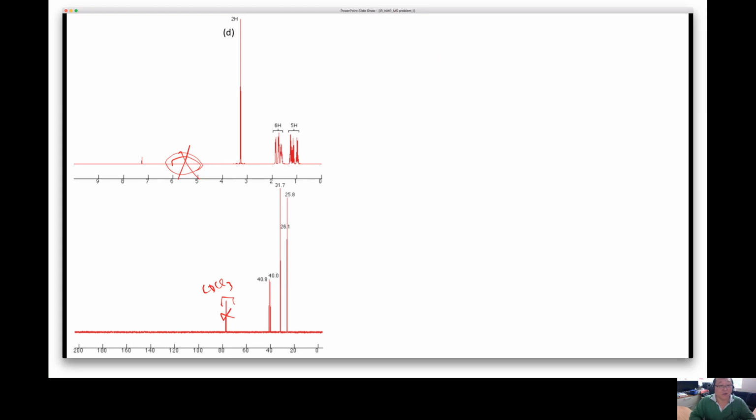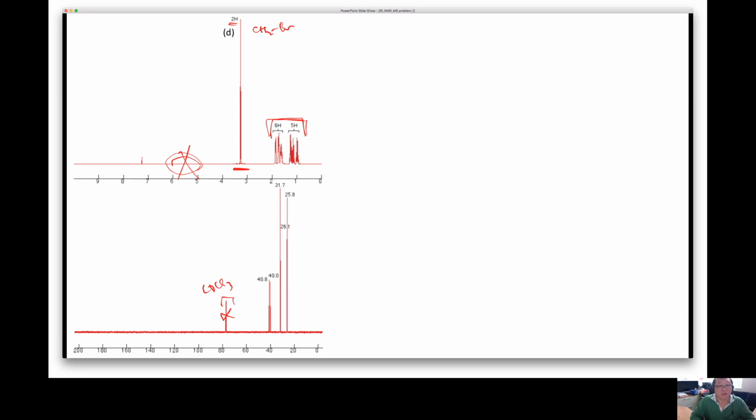Why are these ones somewhat deshielded? Probably these are 2 hydrogens, right? This H2 is probably the one attached to the bromine. That's why it's deshielded. And the others, I cannot make out whether it's a triplet, quartet, whatever. There are a lot of peaks, 6 hydrogens, 5 hydrogens, all coming together, so basically 11 hydrogens are all there.